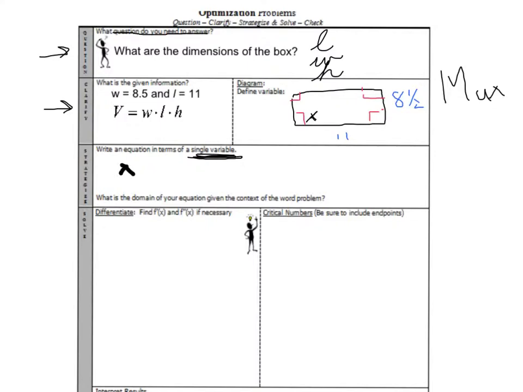So let's use x, and x will represent the cutout, or in other words, the height of the box. Now, if x is the height, then what will be the length? Well, notice I'm cutting x from one side and x from the other side, so actually I'm cutting out 2 x's.